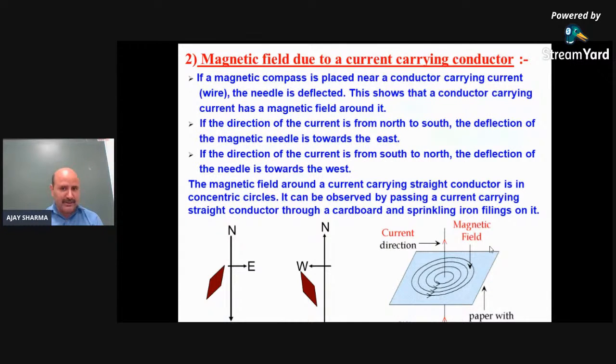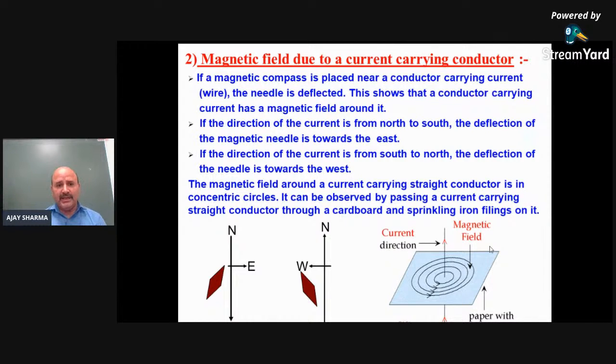If you see the pattern of the magnetic field lines around a current carrying wire, you can clearly see they are in circular loops. We'll be discussing in the next slide the basic rule which decides the direction of magnetic field lines around a current carrying conductor. There are certain points which I want to mention here.